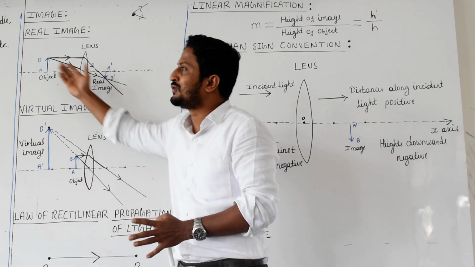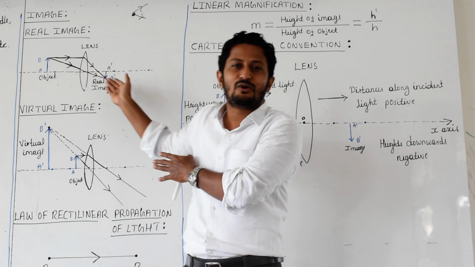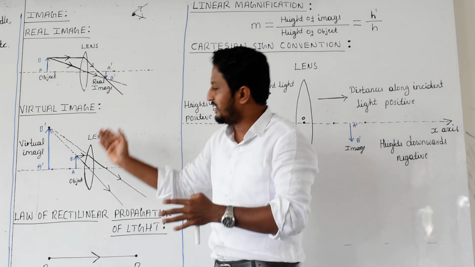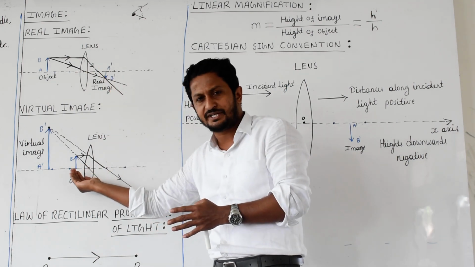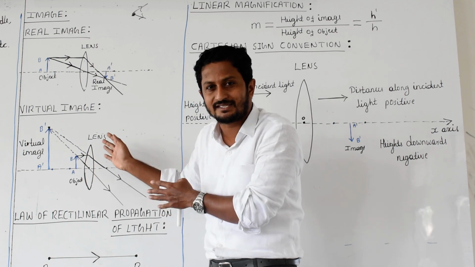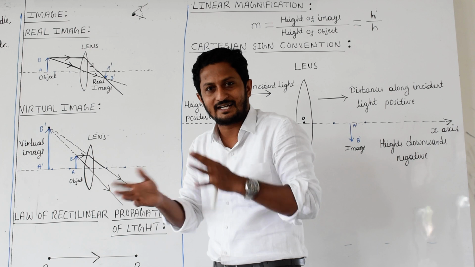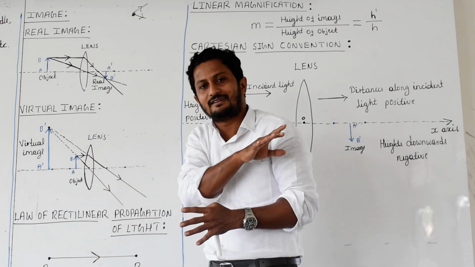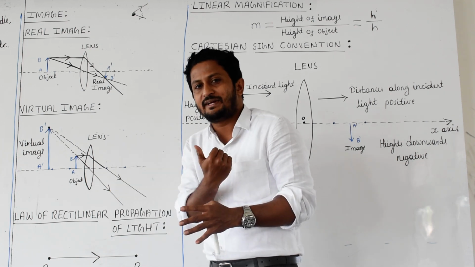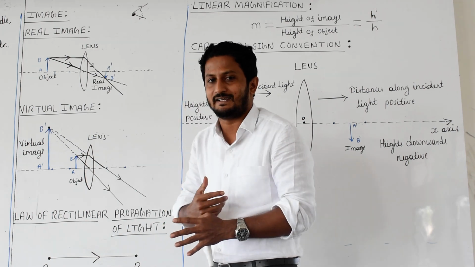Earlier I placed it too far away, so we got a real image. Here I took the object very close to the lens, so we got another kind of image. Why is that happening? In the upcoming classes we will discuss in detail.